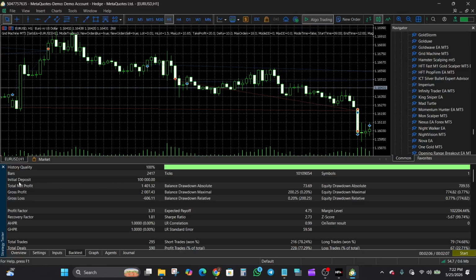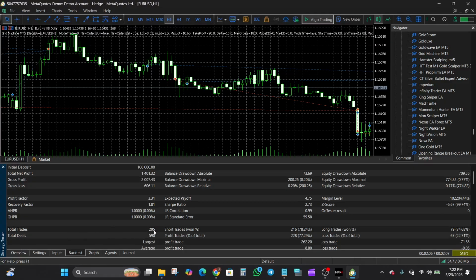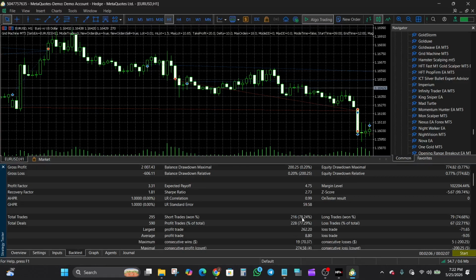We can see that from an initial deposit of $100,000, the total net profit was just 1,401.32, and the total trades taken were 295. Short trades were 216 with 78.24% win rate, and the long trades were 79 with 74.68% win rate.